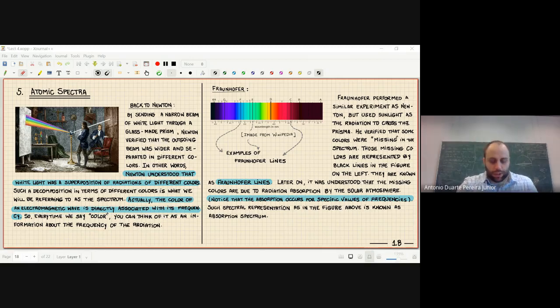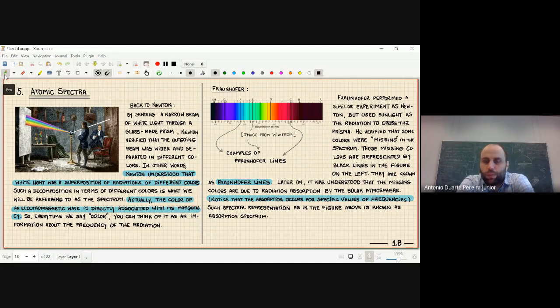Okay? So it's written here, as I said, different colors represent different frequencies. So every time that I say color, you can mentally exchange it by frequency or wavelength. So different colors you associate to different frequencies or different wavelengths. Okay? So Newton understood that white light was made of a superposition, namely a mixture of different colors of light.